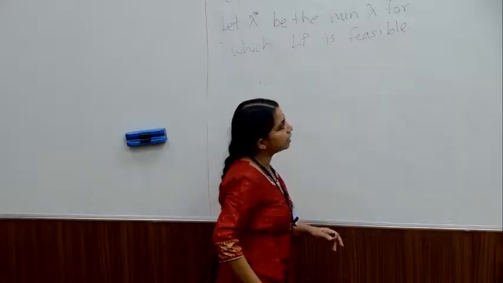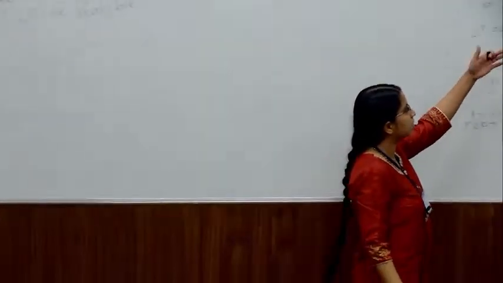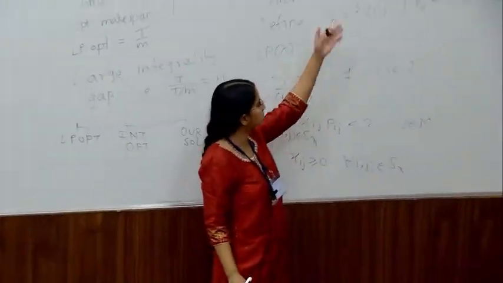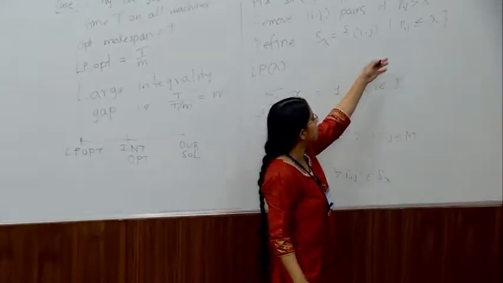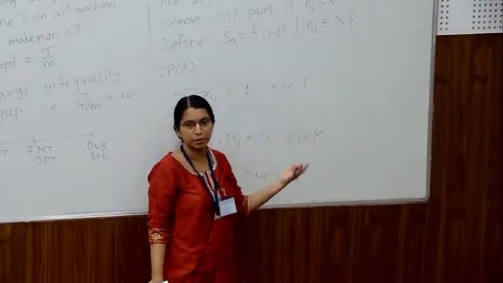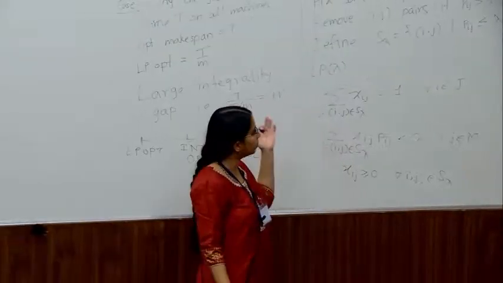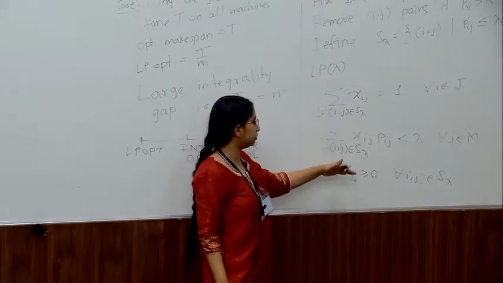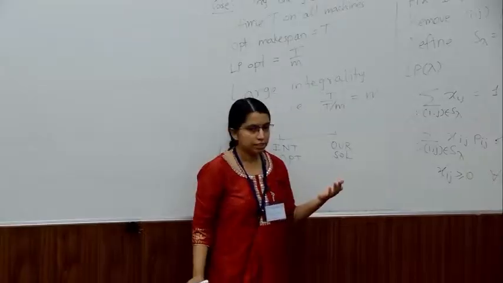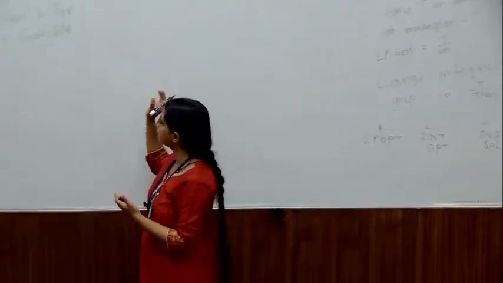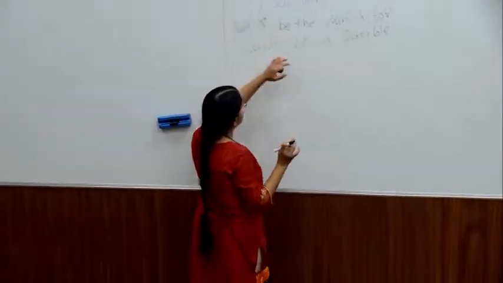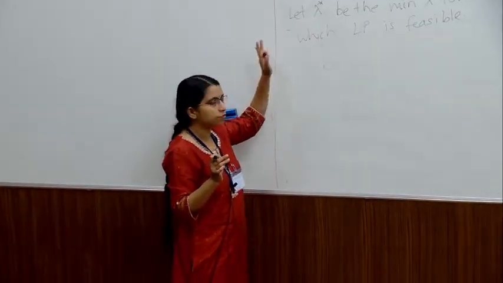So we do a binary search on lambda. Minimum value is of course 0. The maximum will be a loose upper bound like sum of all processing times. The make span cannot be more than that. So do a binary search on lambda, asking if this LP is feasible. And this way you can get the minimum lambda star for which this is feasible. Below this it is not feasible.